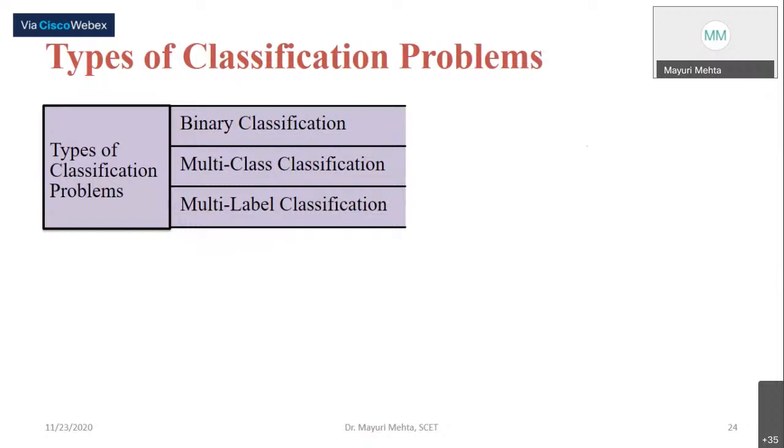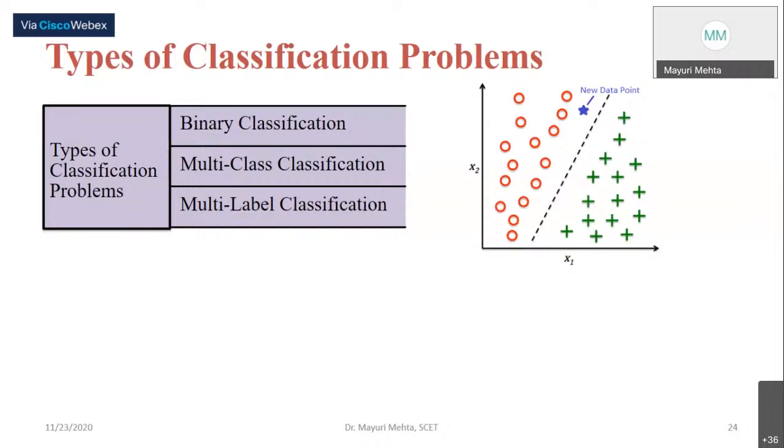You want your model to identify the shape as well as the color of that shape. So each input may have two labels: the shape is a triangle and the color is yellow, or the shape is a circle and the color is red. This way you have multiple labels. So this is multi-label classification.